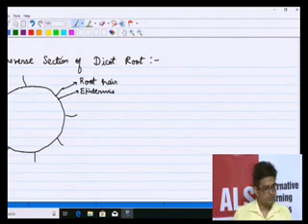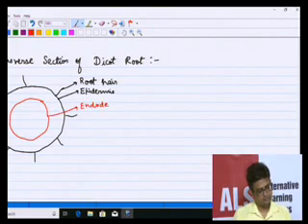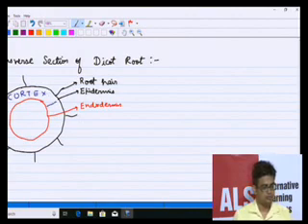The next layer after this is the cortex. So before drawing the cortex, I will draw the endodermis. This is the endodermis layer. And this whole part, up to this part, is the cortex.